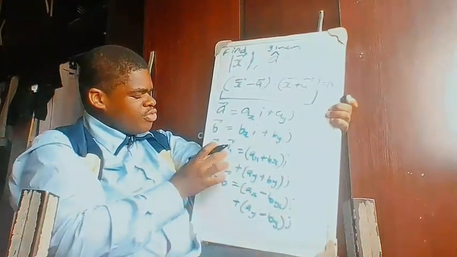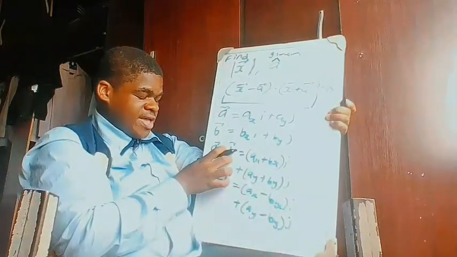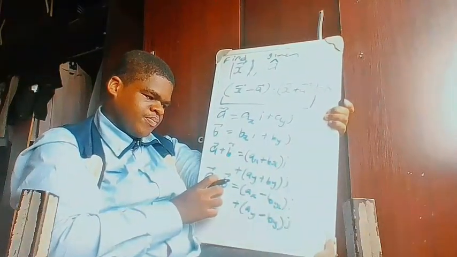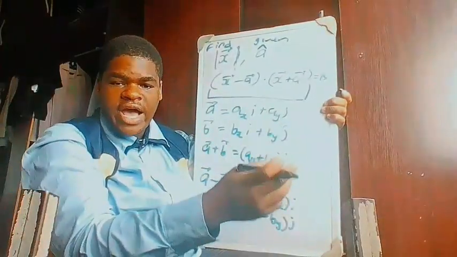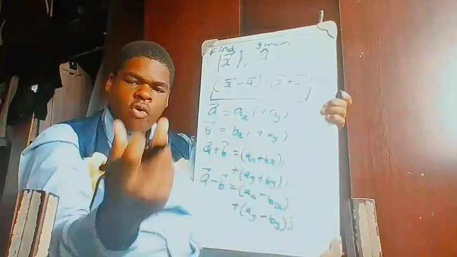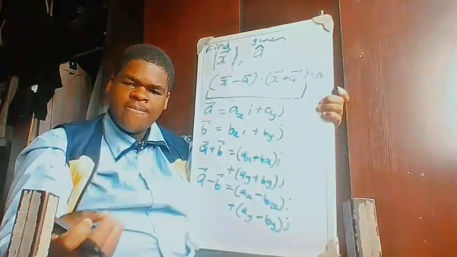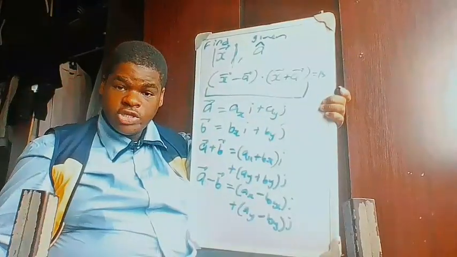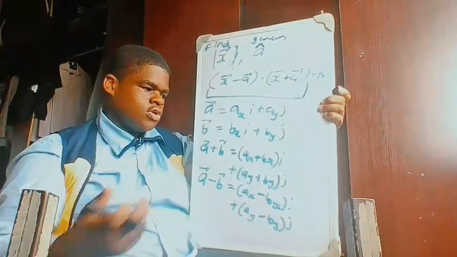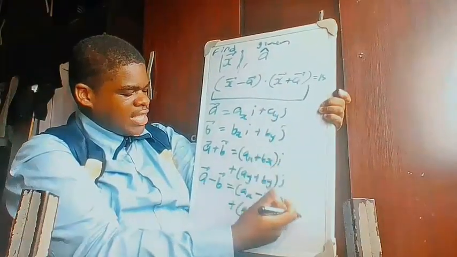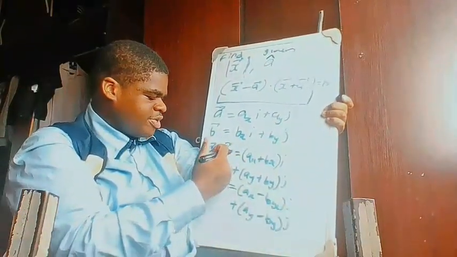Now, if I find the dot product between a plus b and a minus b, remember how we do the dot product. The coefficients of all the i's will multiply together, the coefficients of all the j's will multiply together, the coefficients of all the k's will multiply together, and we add them up. So let's multiply the i's of a plus b and a minus b.